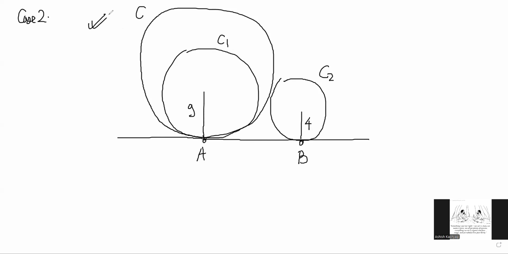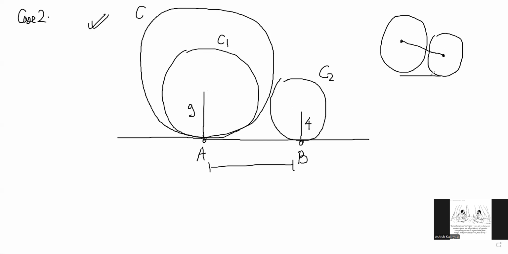I need to find the radius of circle C, right? Notice that this satisfies all the conditions of the problem. The circle C touches C1, touches C2, and it also touches the line, but this time one of the touching is internal touching, right? Okay, great. So let's find out the length AB here. By directly comparing C1 and C2, we can find AB as this AB.